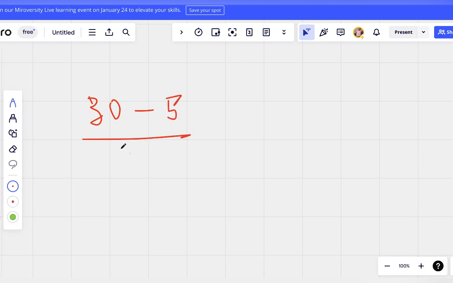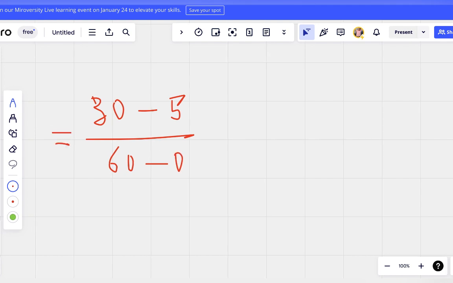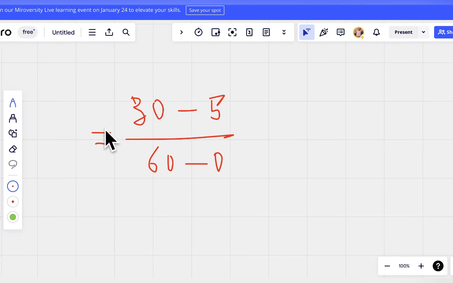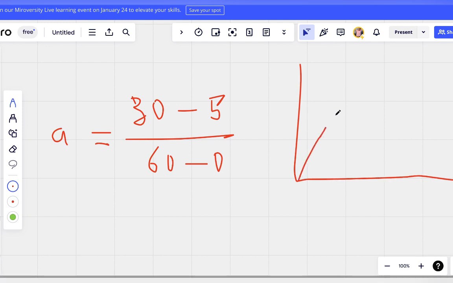This will be the acceleration of the vehicle. Acceleration is the gradient of the tangent line. When you have a curve, you must draw a tangent line in order to be able to calculate the gradient.